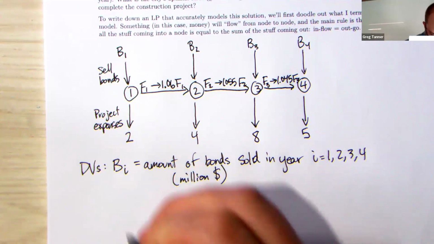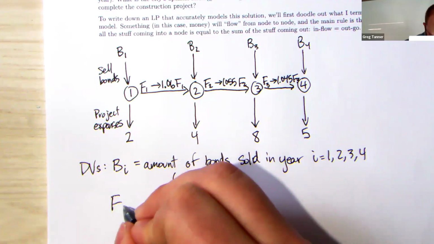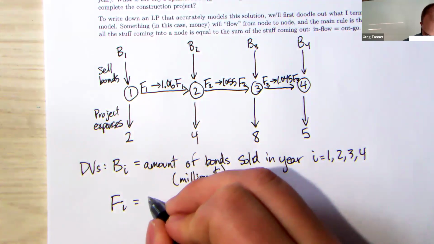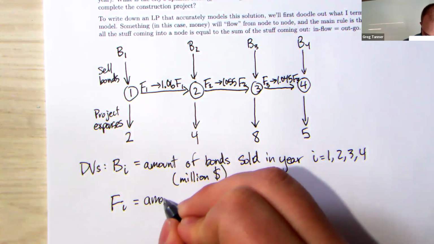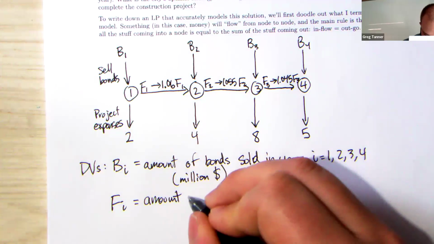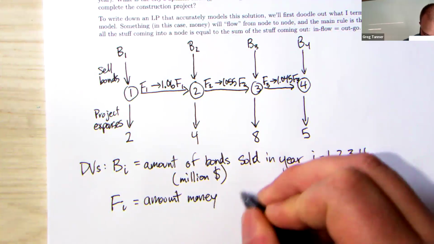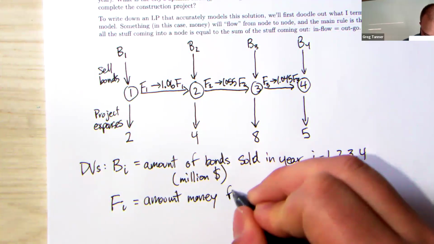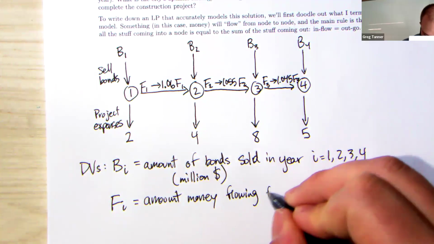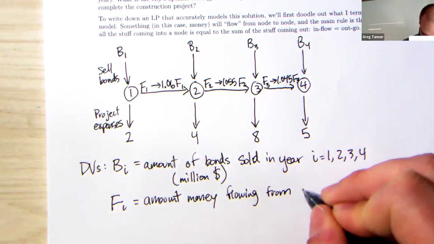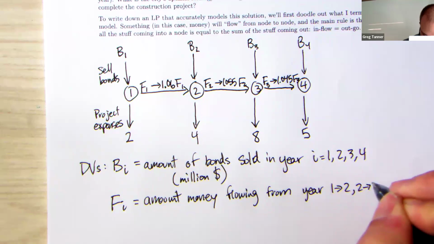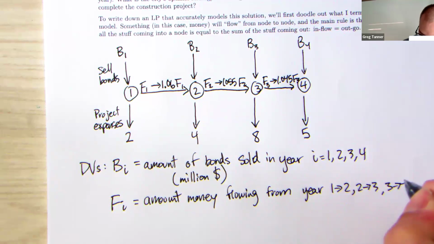The other flow variables are going to be these F flow variables, the amount of money flowing from year 1 to 2, 2 to 3, and 3 to 4.